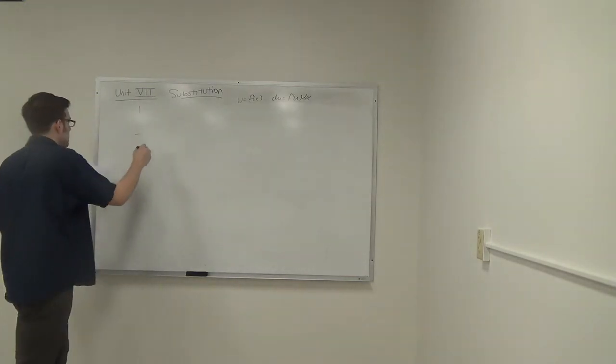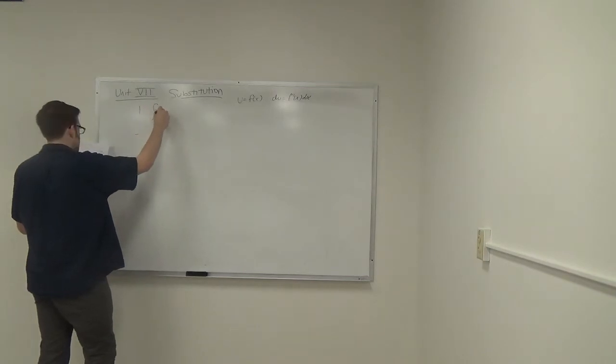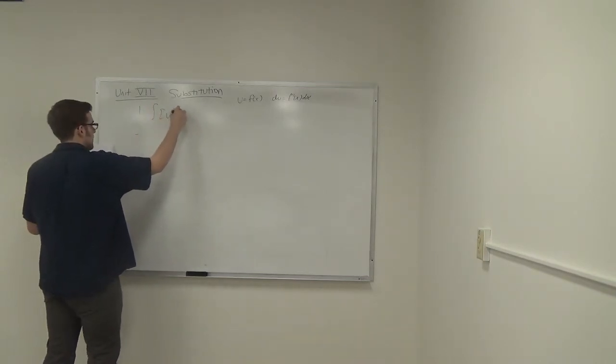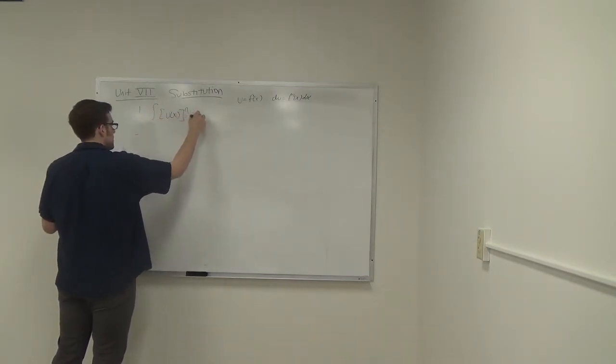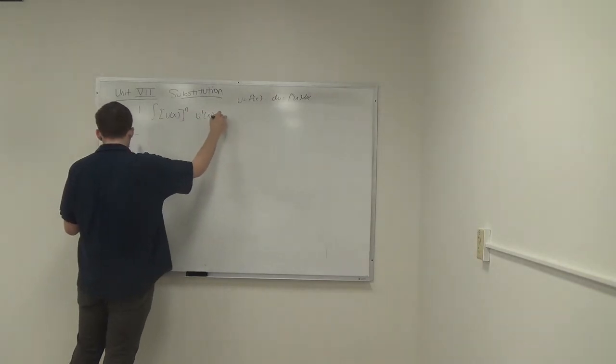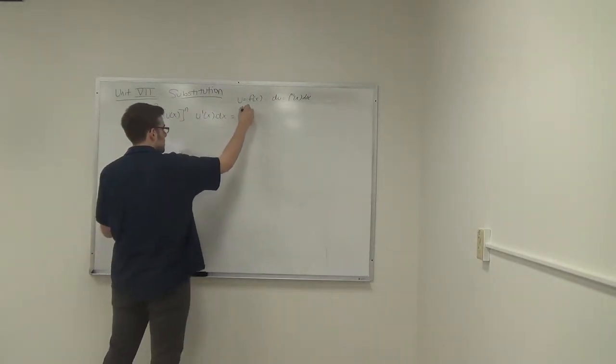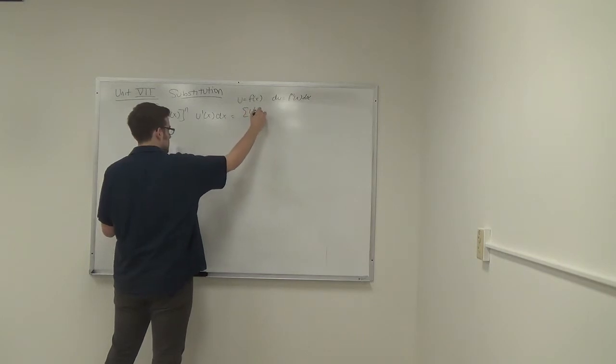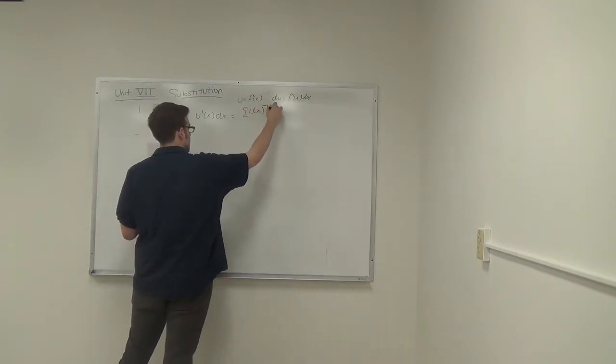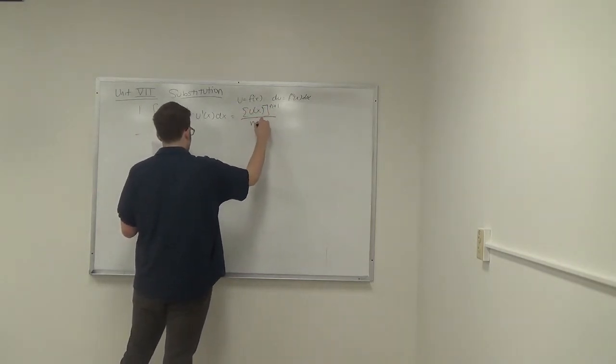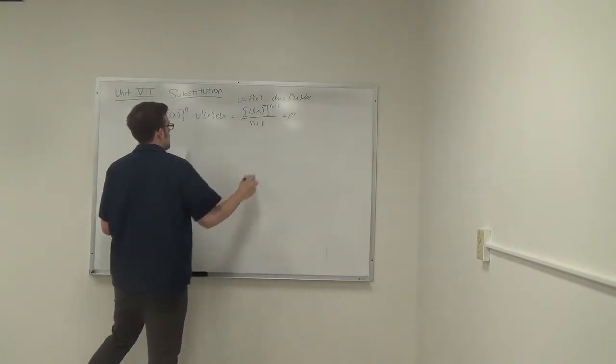So the first, the integral of u of x to the n times u prime of x dx is equal to u of x to the n plus 1 over n plus 1 plus c.